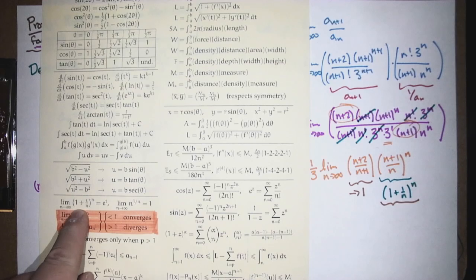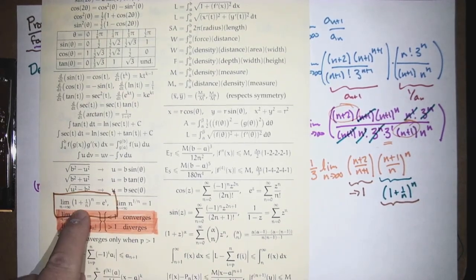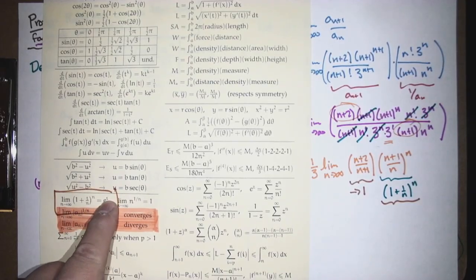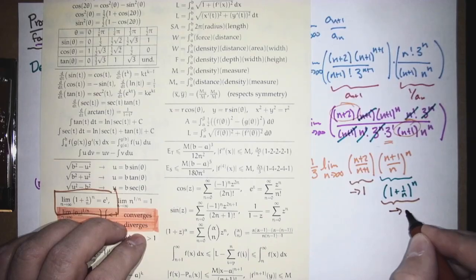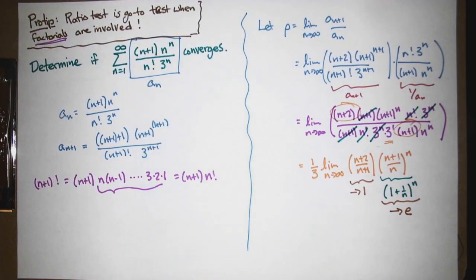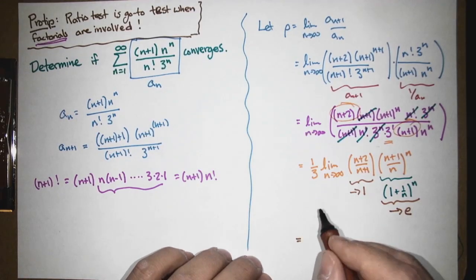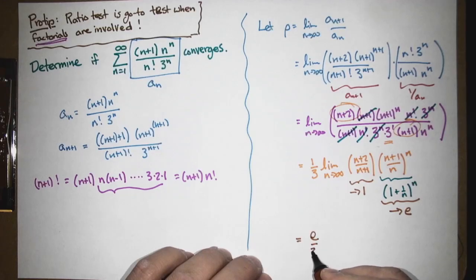There's this formula on the formula sheet. 1 plus something over n to the nth power goes to e to the something. In this case, our something is 1. So this goes to e. All right, which means that our rho, we have the 1/3 times 1 times e, so we get e over 3.